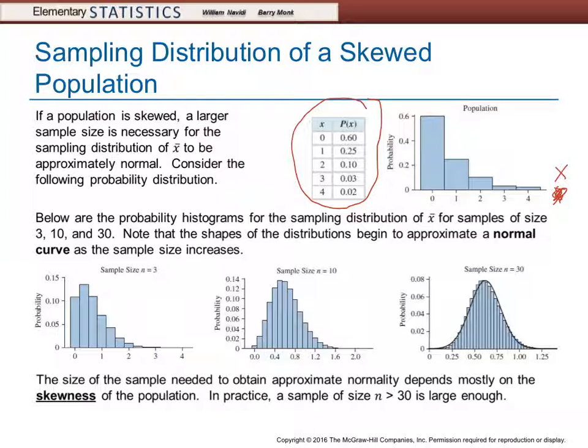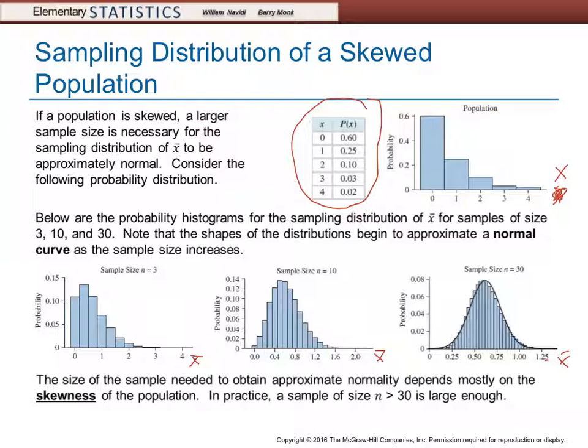Now below are the probability histograms for the sampling distributions of x bar. So we went from the population. When we sample, we continue to sample from the population. Each time we sample, we can start getting the probability distribution, which is then for x bar, our sampling distribution.